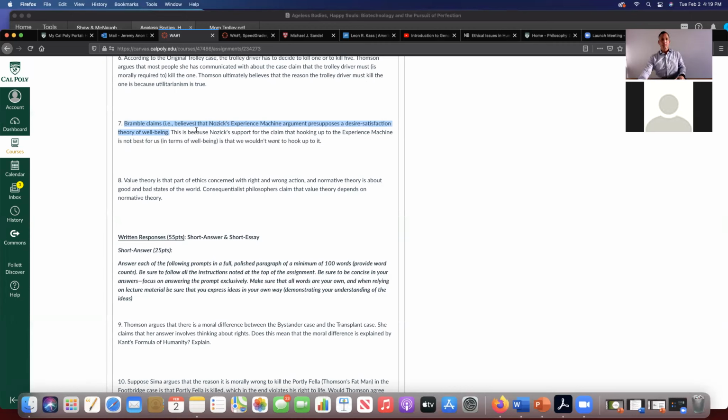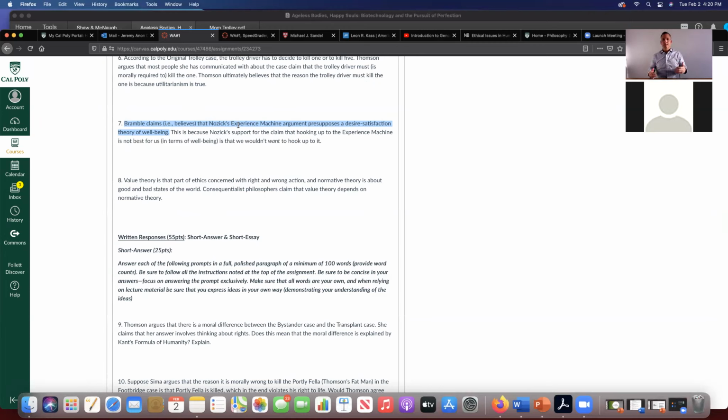Bramble ends up arguing against those who would claim that the experience machine presupposes a desire satisfaction theory of well-being. So Bramble shows passages where Nozick explicitly claims that he isn't presupposing a desire satisfaction theory of well-being. Remember, in the Bramble paper, he considers several recent objections to Nozick's experience machine.